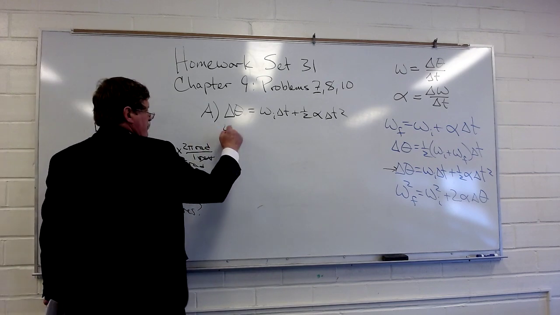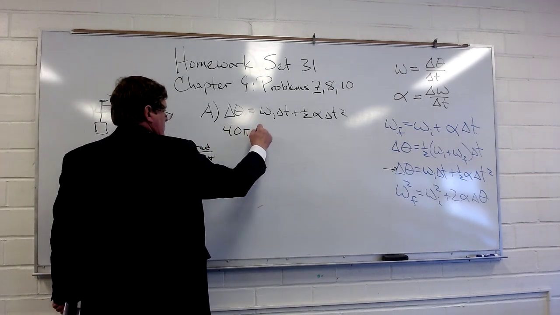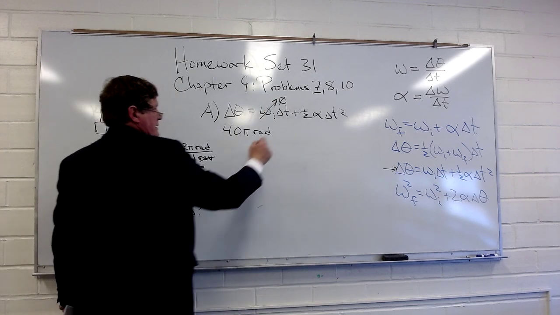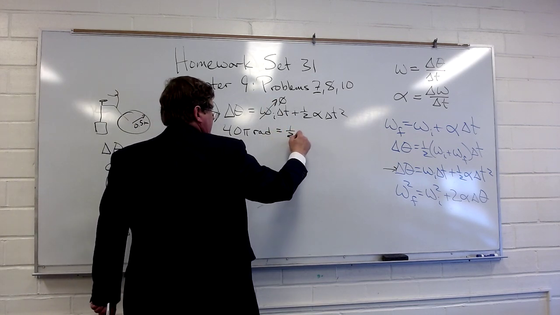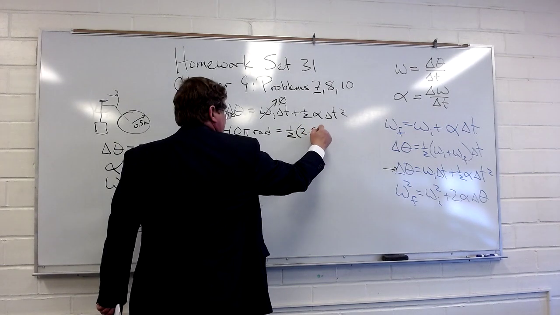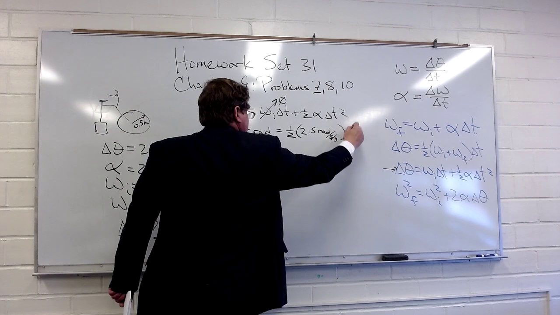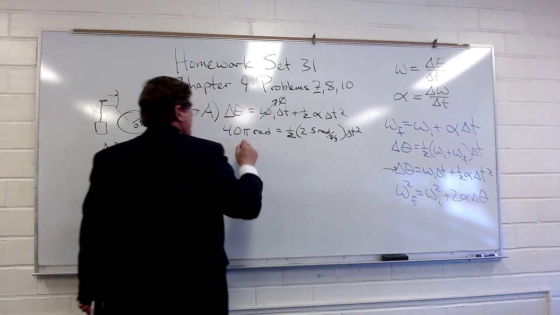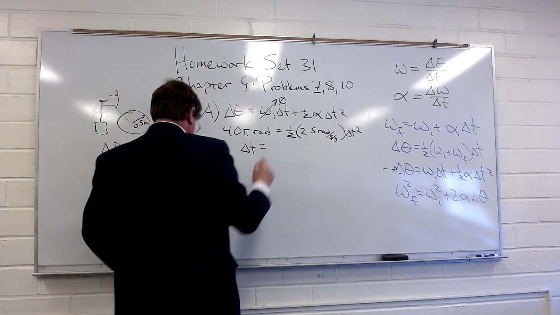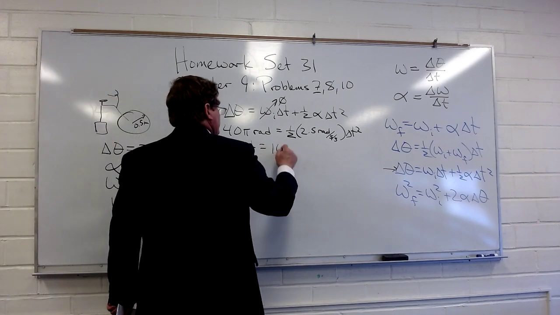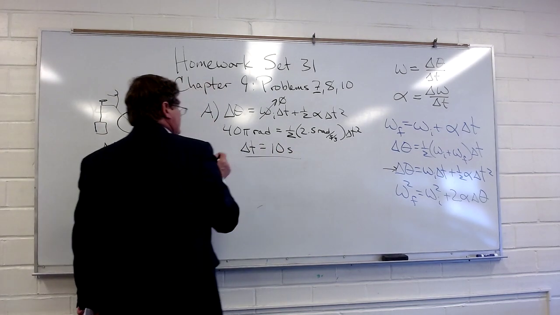So I can put in 40 pi radians. There's no initial angular velocity, so this is equal to 1/2 times 2.5 radians per second squared times delta t squared. If I solve that for delta t, lo and behold, the numbers are cooked again, so that we once again get 10 seconds.